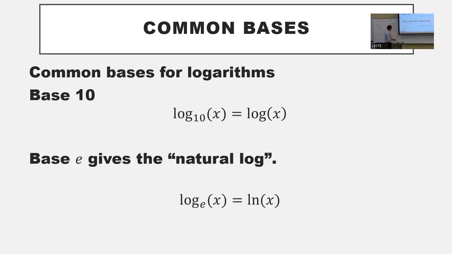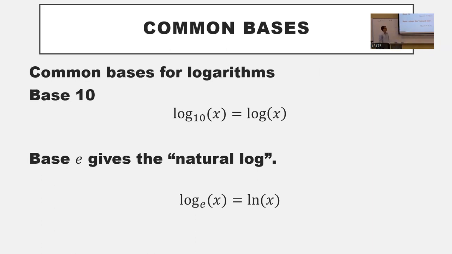Now, there are 2 very common bases for logarithms that we use very, very often. One is base 10. Sometimes base 10 is called the common log. And then the other is base e, which is referred to as the natural log.